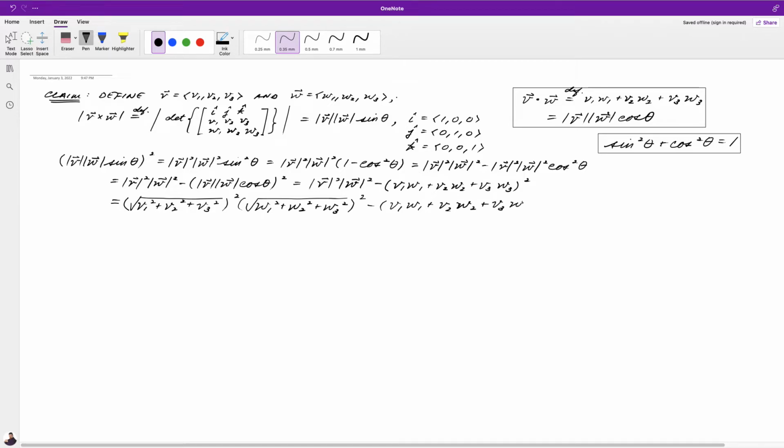It's going to take some energy, but we're going to get through it. Just checking that, making sure we haven't committed any careless mistakes here. Doesn't look like we have.